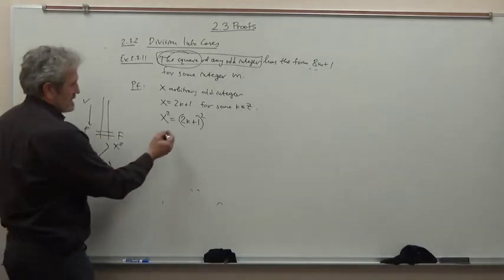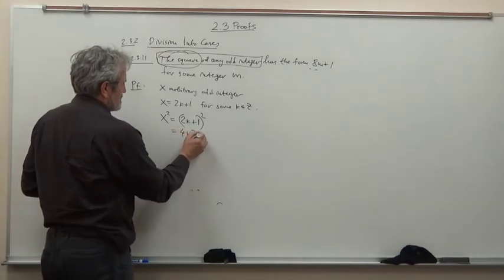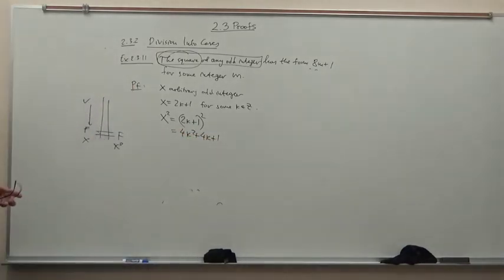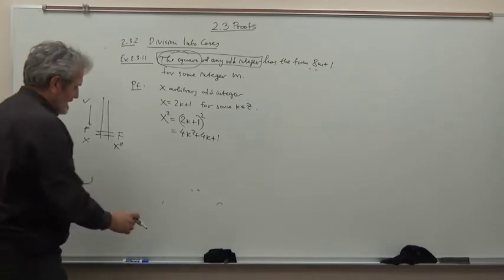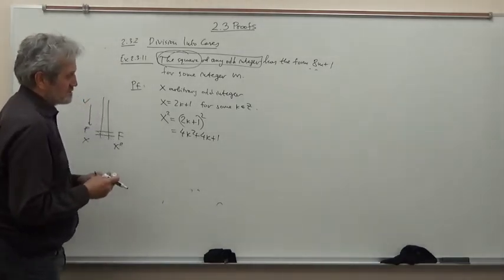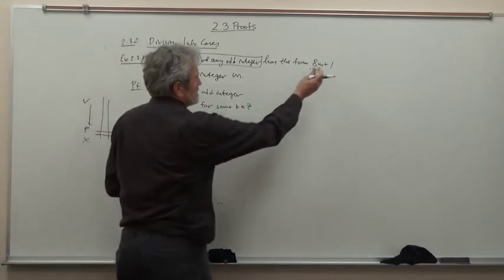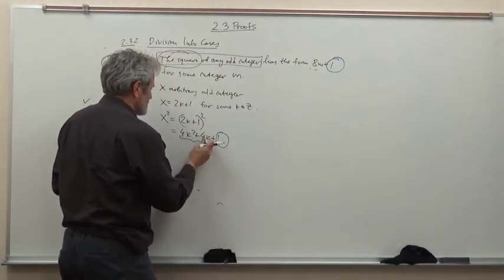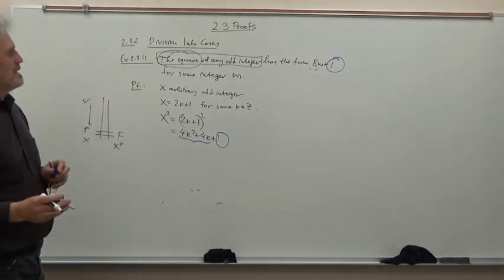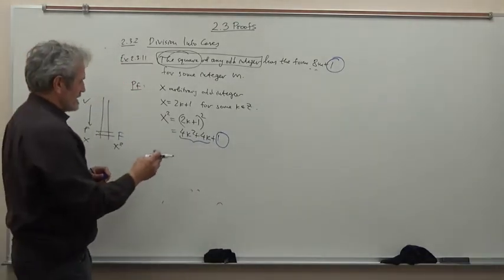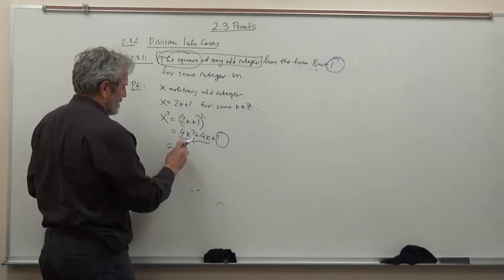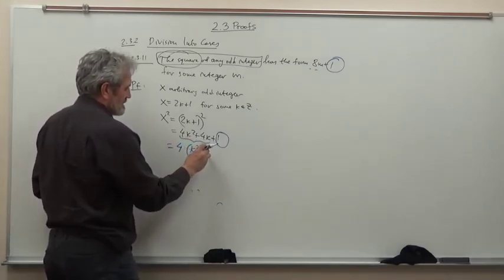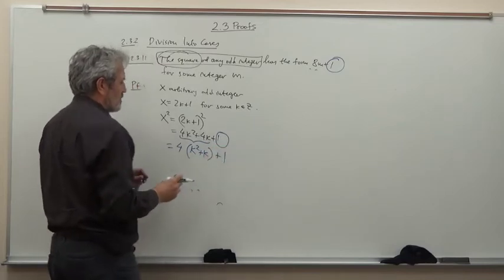And then I use a little algebra, so that's 4k squared plus 4k plus 1. All right, I look at what I need on the right side, just to guide me. So that plus 1 I like, I have it, I keep it. But I'm not sure why this would be equal to 8 times something. I can factor out 4, but I need 2 more. So it says 4 times k squared plus k, plus 1.